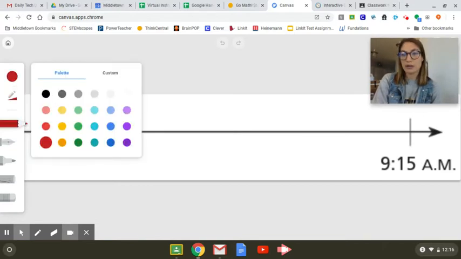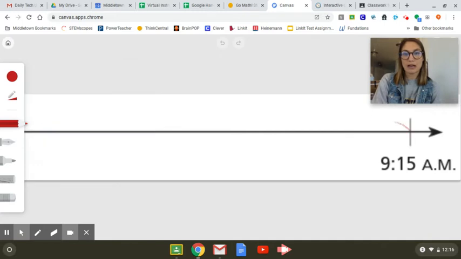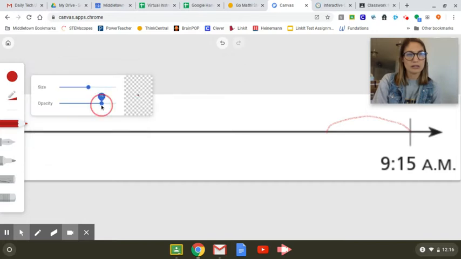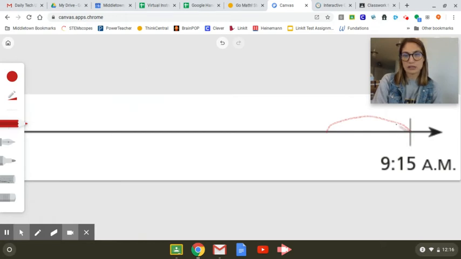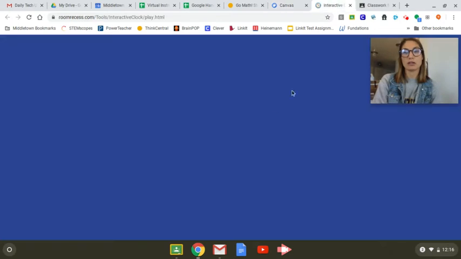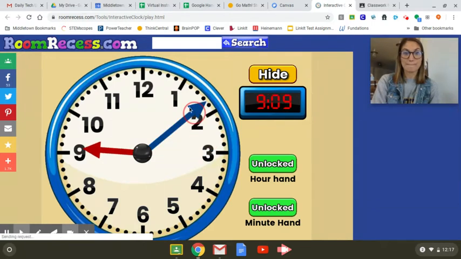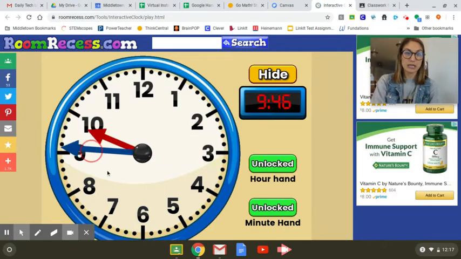So I'm going to jump from 9:15 and we're going to go, like I said, an hour back. Now, if you don't know an hour before 9:15, we can use the clock to help us. Now, an hour is 60 minutes.